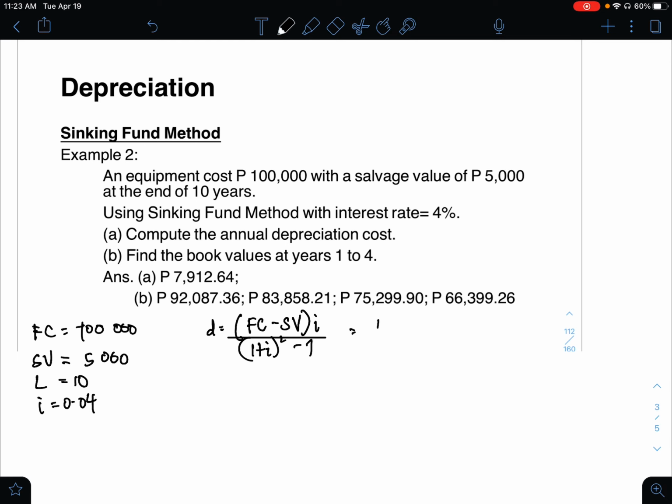So natay FC na 100,000 pesos minus ang salvage value nato na 5,000 pesos. Okay? Then, ang ato ang rate, which is 0.04, and then, divided by 1 plus 0.04 raised to the power of L nato, which is 10 minus 1. Okay, so our depreciation, I will now use my calculator. Hold on.